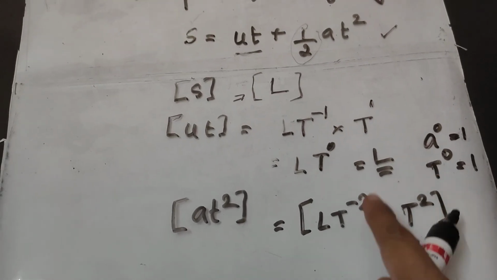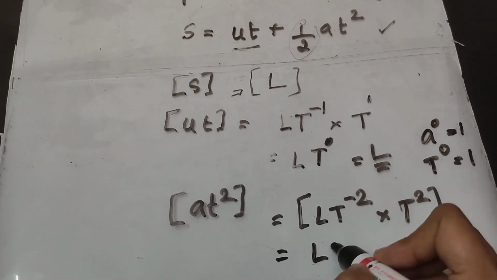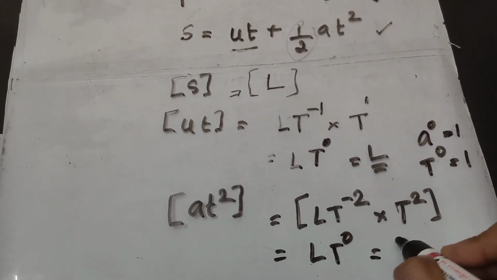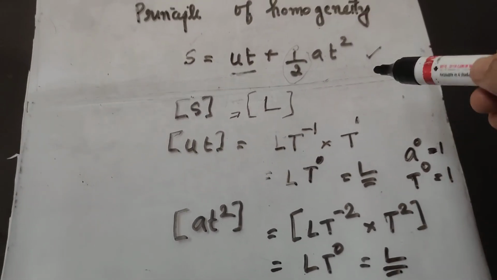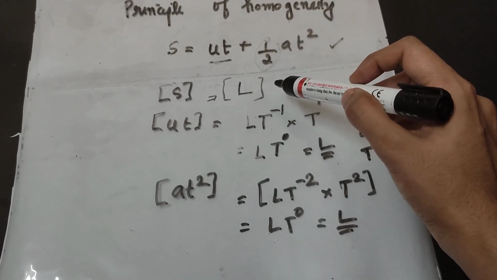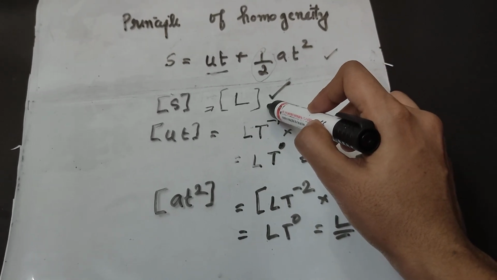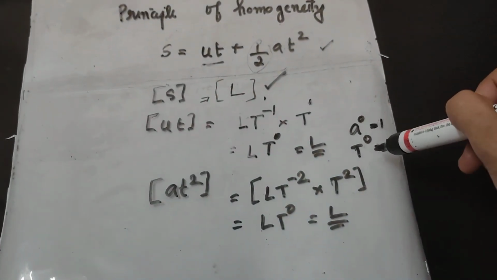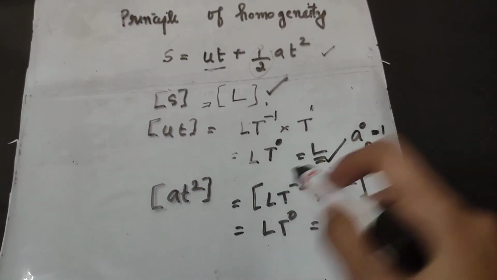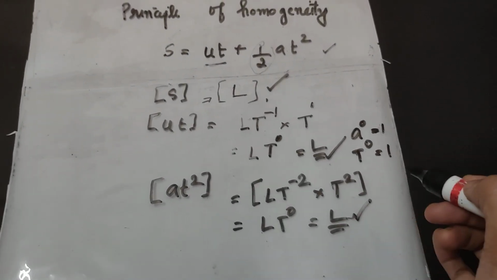Here also t raised to minus 2, t raised to 2, which is equal to L t raised to 0, which is also equal to L. So check the dimension of all the three terms. s is having the dimension L, ut again L, and at square again L itself.